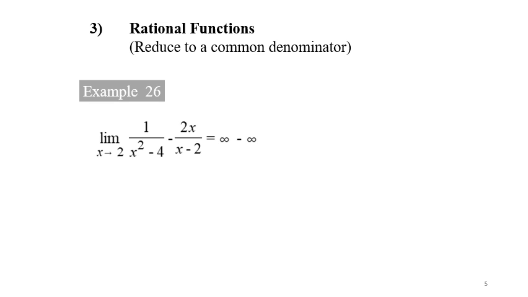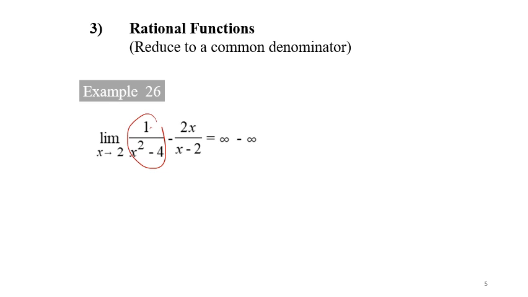And now the third case, when we have rational function. So for rational function, look at example 26. So when x is not only limited to approach infinity, but in this case approaches 2, this one will become infinity also.